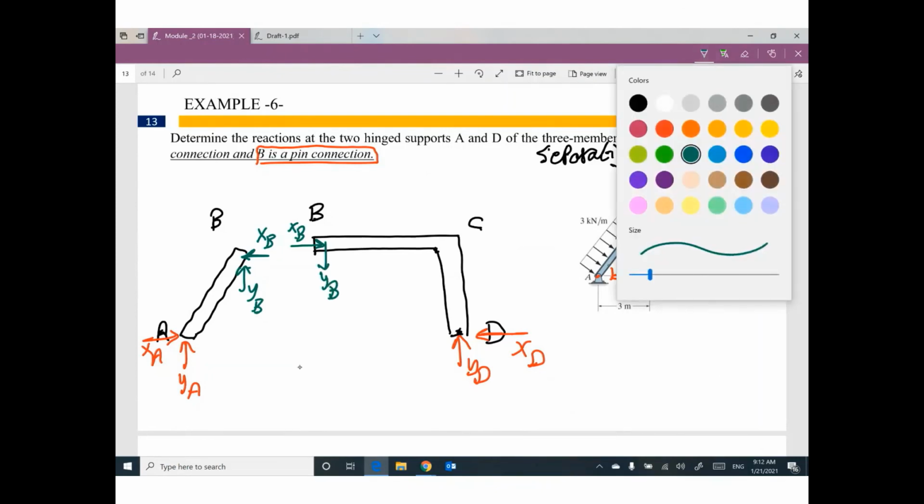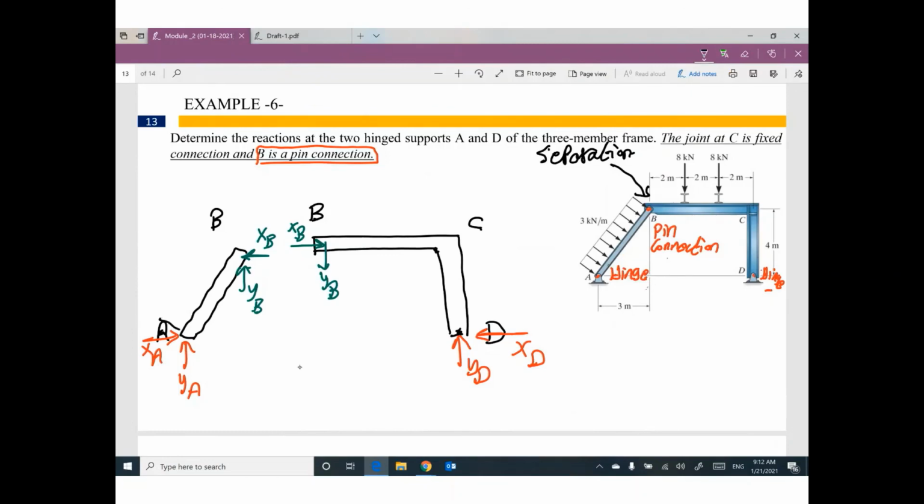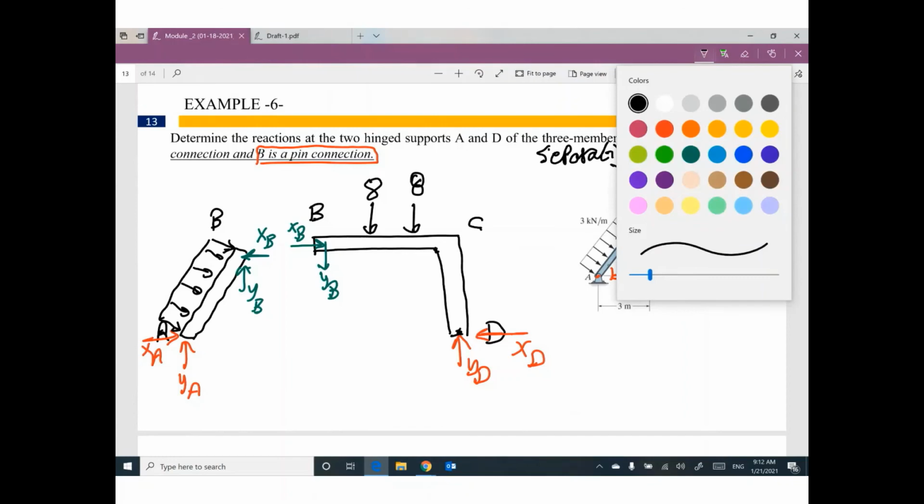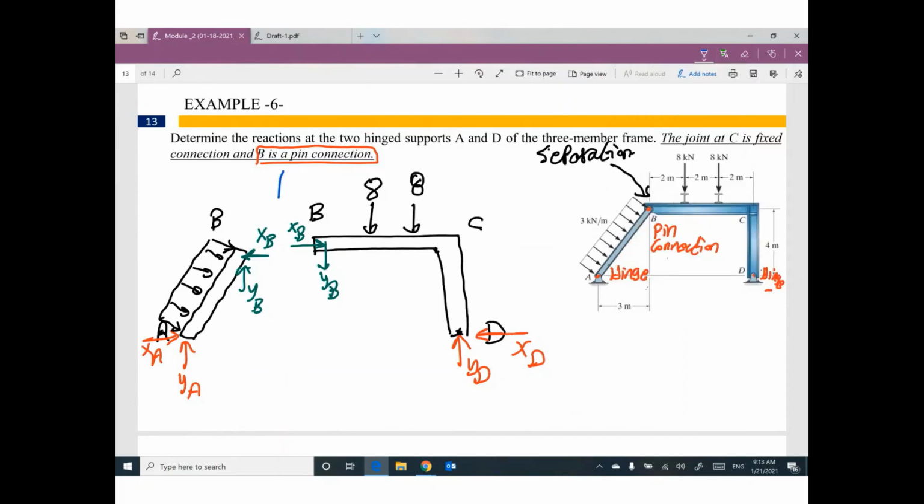What else do you have? We have a uniform distributed load. We have two concentrated loads, 8 and 8. So I can solve this problem. I can make two problems, part number 1 and part number 2.